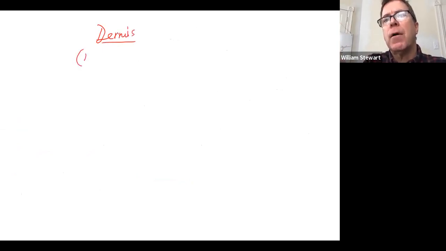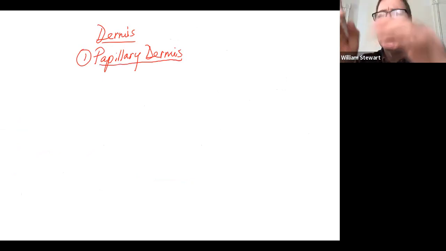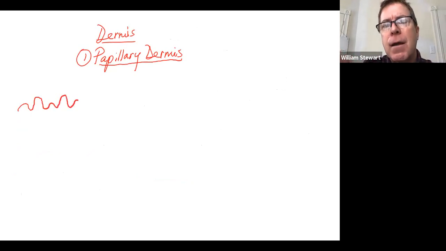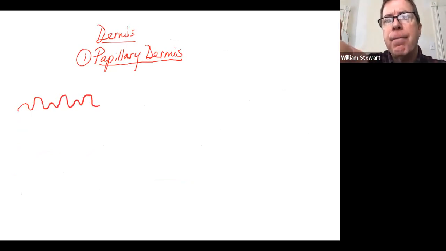Layer number 1 is called the papillary dermis. Papilla means nipple. So at this wavy line, when the first scientists looked at this skin under a microscope, they gave these raised mounds the name papilla.